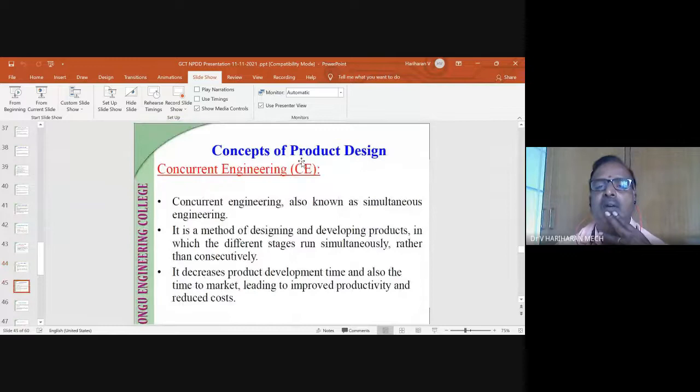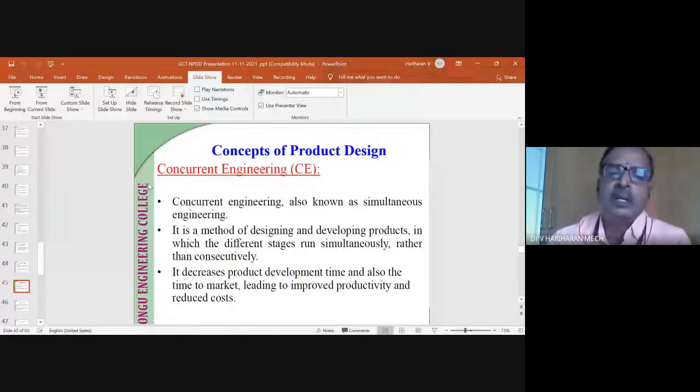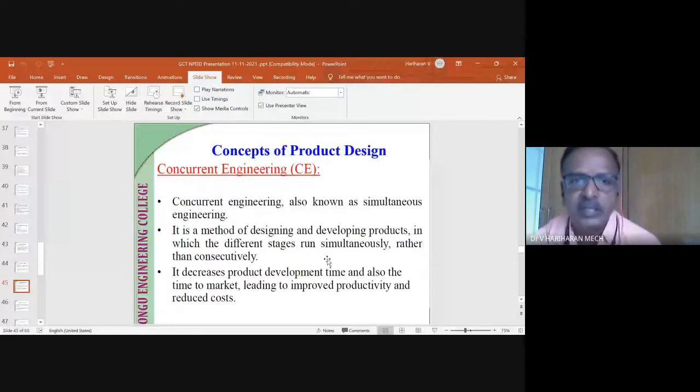Then another concept is concurrent engineering, also known as simultaneous engineering. It is a method of designing and developing products in which the different stages run simultaneously rather than consecutively. Here all the departments, that is the financial department, marketing department, design department, manufacturing department, quality assurance department, and the management, do their operations simultaneously so that everybody knows what is going on at each and every stage.